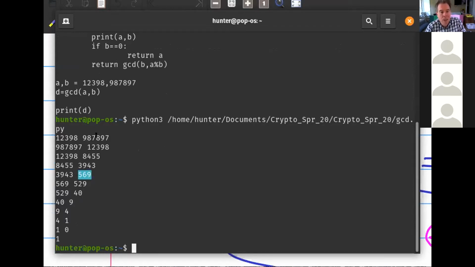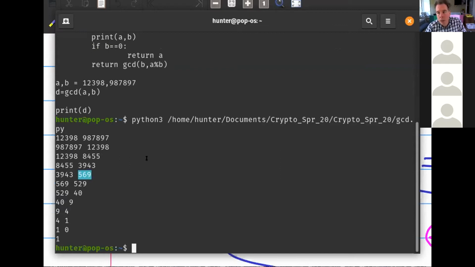But look how many steps it takes: 1, 2, 3, 4, 5, 6, 7, 8, 9, 10, 11. This isn't exactly true in this case, but the running time of Euclid's algorithm is approximately the same as the number of digits you are trying to find the GCD of. So 1, 2, 3, 4, 5. It's not exactly right, but it's approximately right.